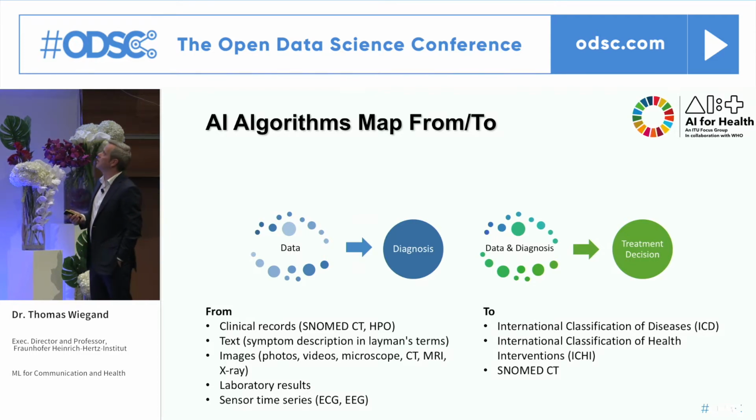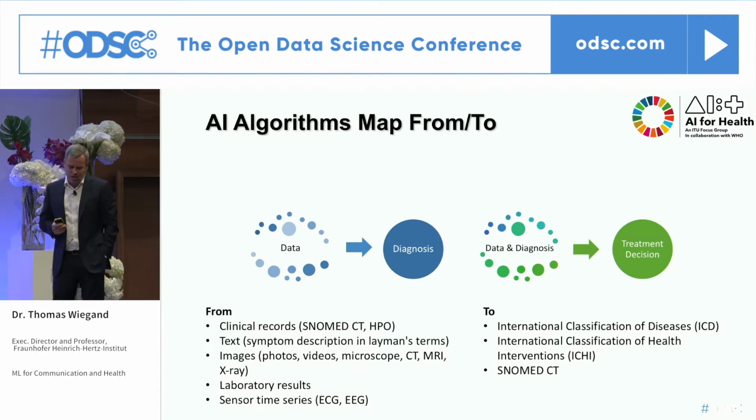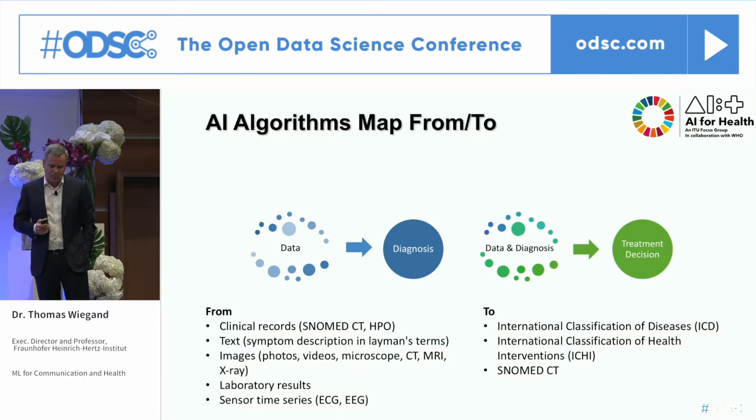We are looking at two data mapping problems. One is data to diagnosis. The data sources could be clinical records like SNOMED CT or HPO, text, symptom descriptions, and images, photos, like a photo of your skin for skin diseases like cancer, videos of behavior.